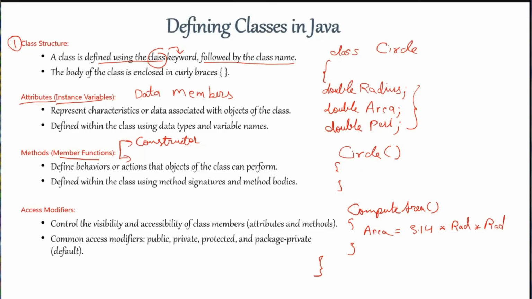I'll show you the complete program, but at this time you can understand that data members are required, another constructor is required, then the actual methods are required. So one of the methods is compute area. Similarly, you can have a compute perimeter also, and you can find out the radius also in this case.